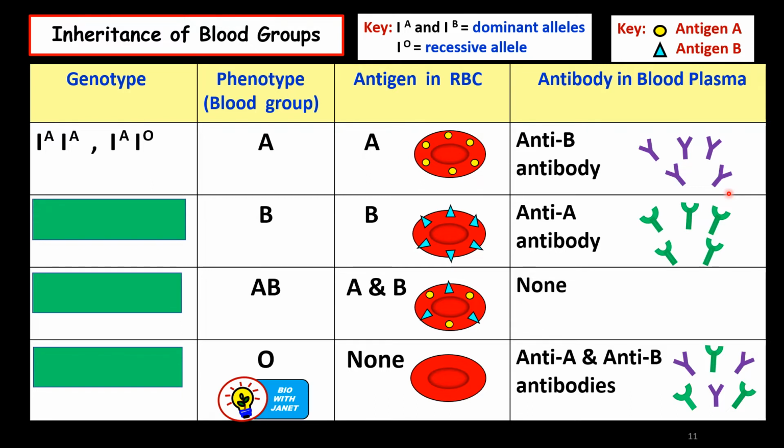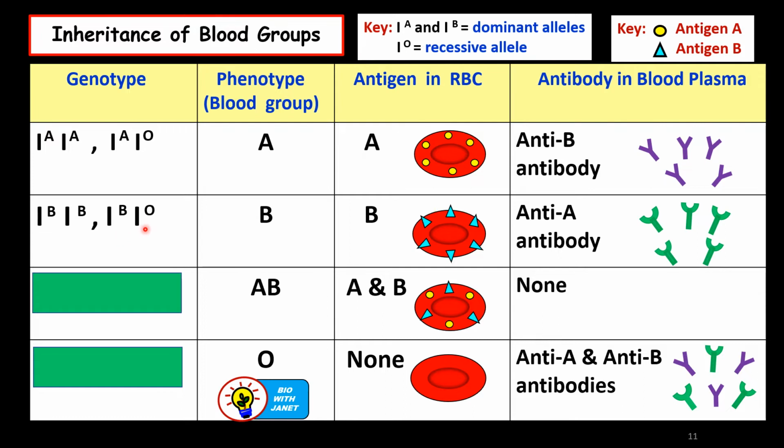A person who has blood group B possibly has the genotype IBIB or IBIO. Okay, so as long as he has the allele IB, he's able to produce the antigen B on the surface of the red blood cells. All right. So allele IO is a recessive allele.